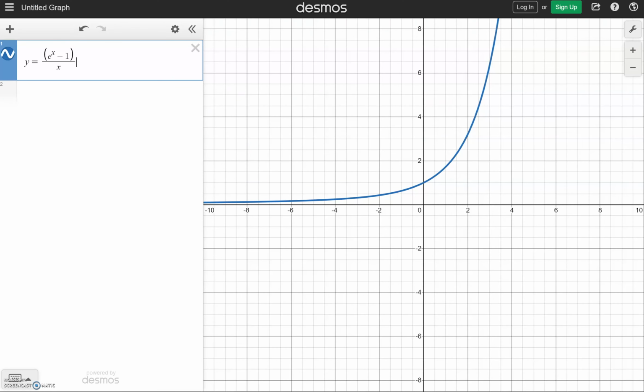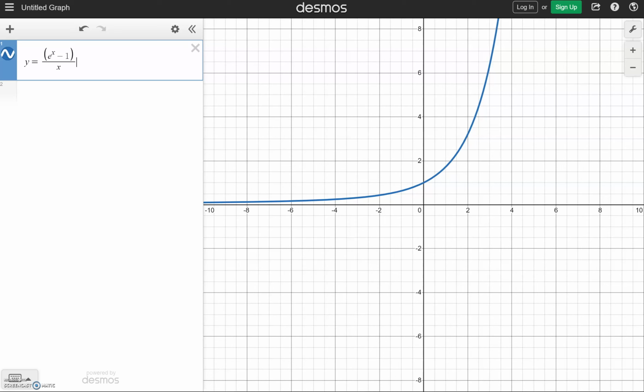And when I look at it, I have this (e to the x minus 1) over x, so I had to use the x instead of h in the software. But as I look, when the x, which is replacing the h, remember, goes to 0, notice that the derivative is 1 there.